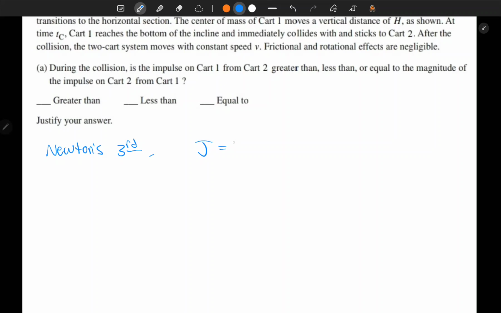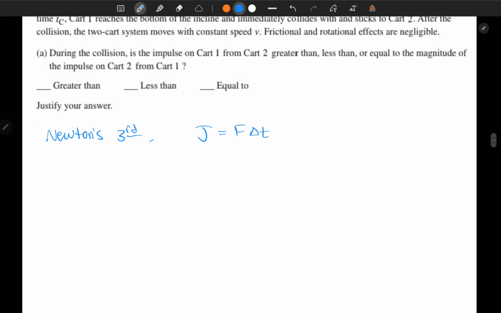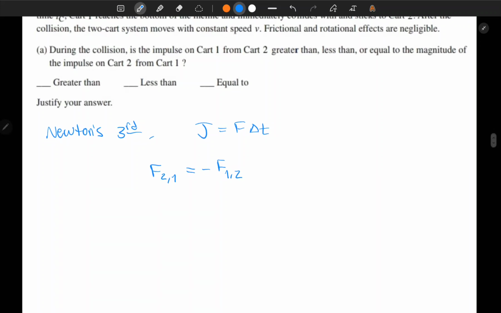So, since we're worried about the magnitude of the impulse, and further, since the impulse J, for a constant force, is equal to F times delta t, and Newton's third law says F, the force felt on cart 2 from cart 1, is equal to negative the force felt on cart 1 by cart 2, we see that J, the impulse when cart 1 collides with cart 2, is equal to the negative of the impulse of cart 2 feeling the effect of cart 1 hitting it.